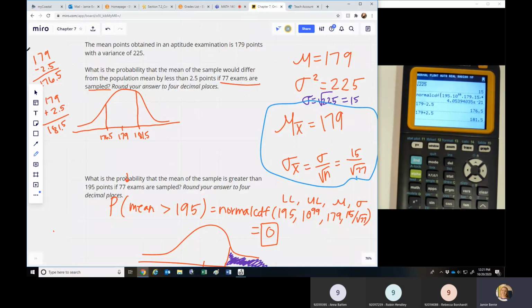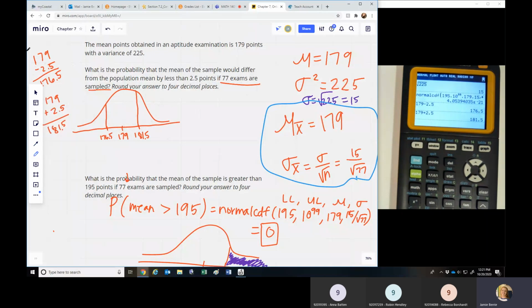So the question is asking, what's the probability that the mean of the sample is somewhere between 176.5, because that's 2.5 points less than the mean, and 181.5, because that's 2.5 points greater than the mean?